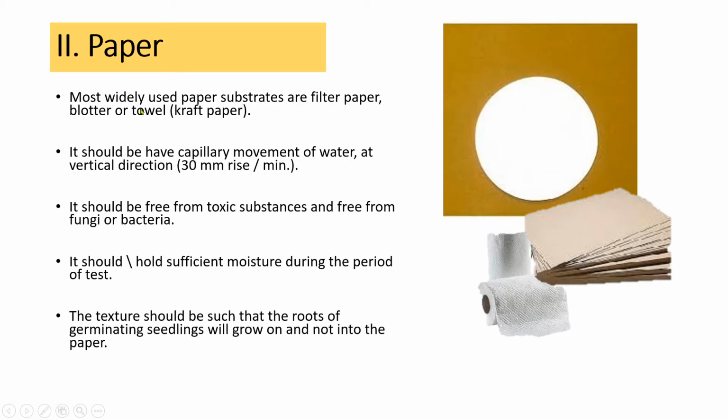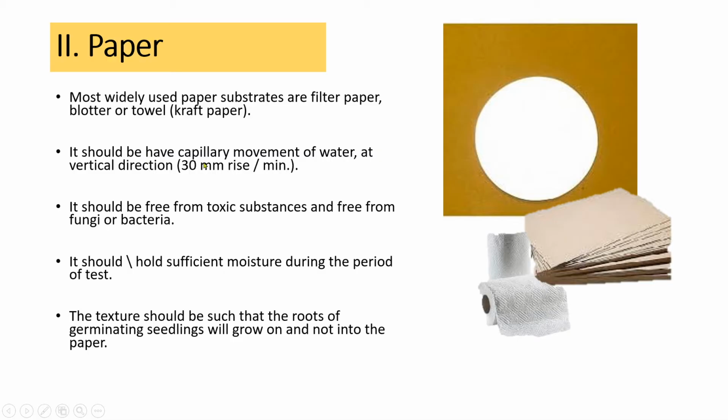Coming to the second type of substratum, which is paper. For germination tests, paper is the most widely used substratum because it is easy to find and low cost. You can use any type of paper, be it filter paper, blotter paper, or the paper towel that we usually use in day-to-day life.